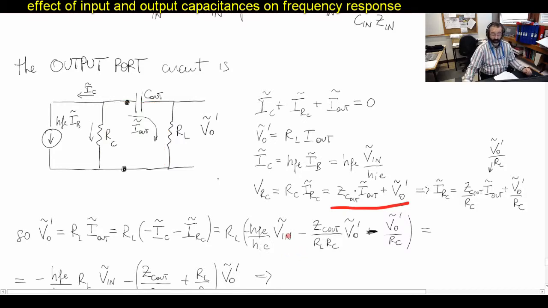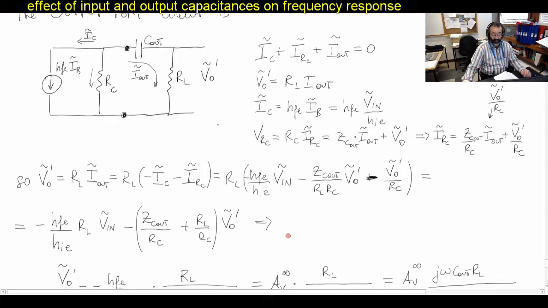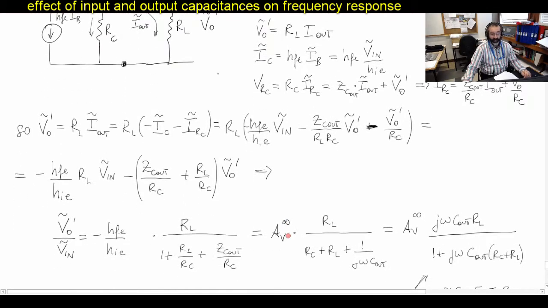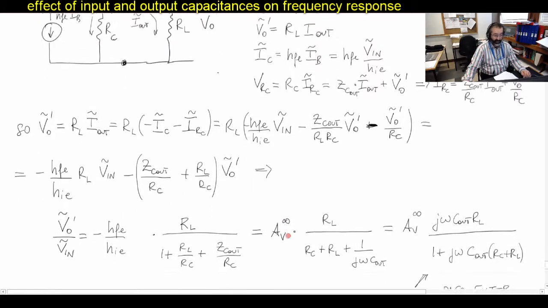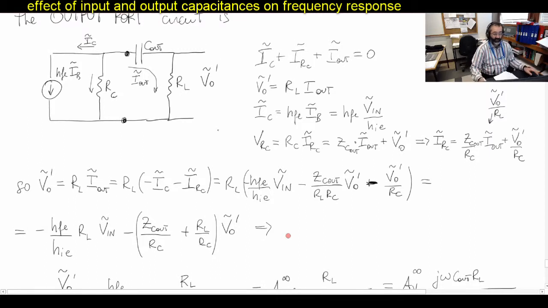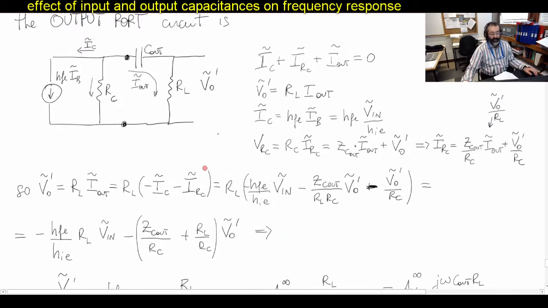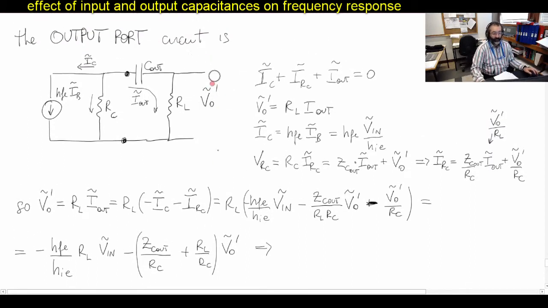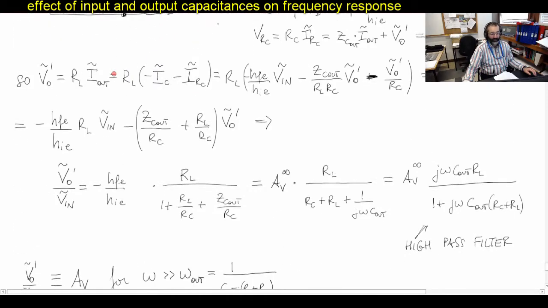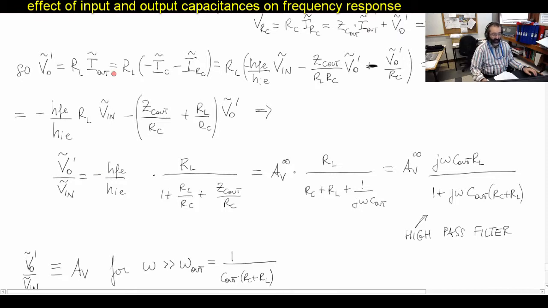Anyway, with some algebra, what I would like to do is find a relation between VO prime, the output of this circuit that now contains the output capacitor, and V in.